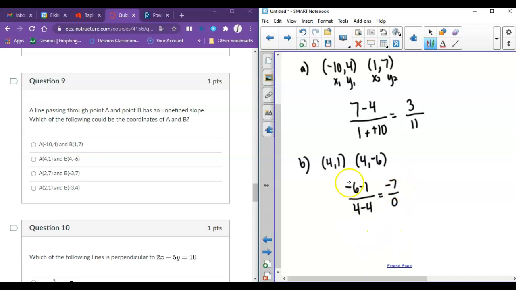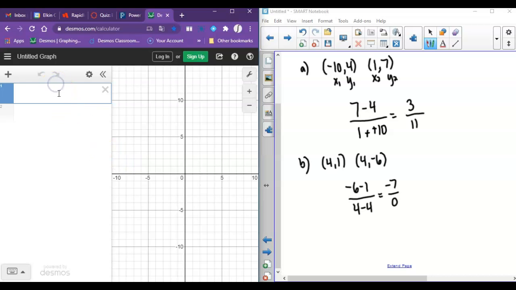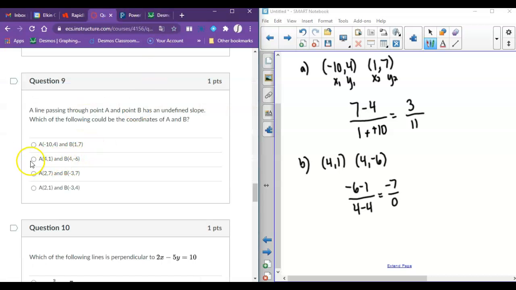If you're having trouble remembering what undefined is, you are allowed to use Desmos on your test. Go over to Desmos, type in negative 7 divided by 0, and it's going to tell you that it's undefined. So the correct answer for this question is the second one, 4, 1, and 4, negative 6.